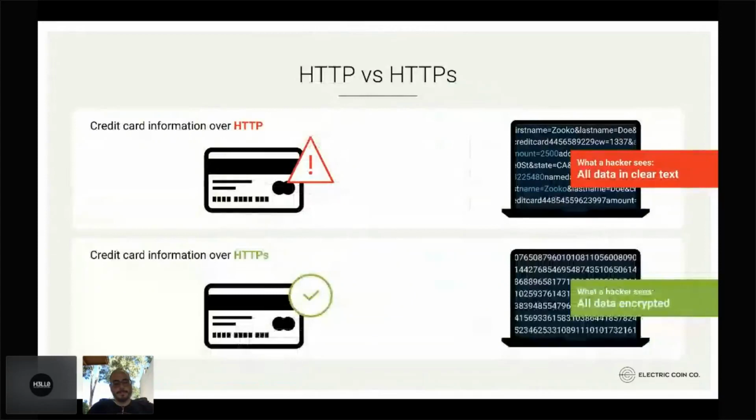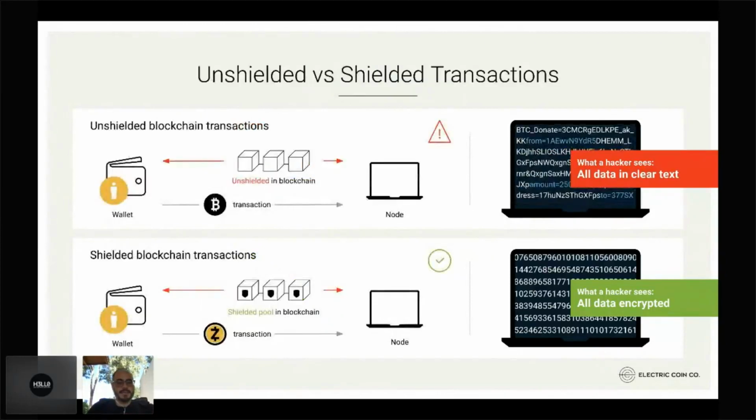So I suppose that you mostly know the difference between HTTP and HTTPS. And what Zcash has is two kinds of transactions: unshielded, transparent transactions, which are really similar to what Bitcoin transactions are. We call those transparent transactions.